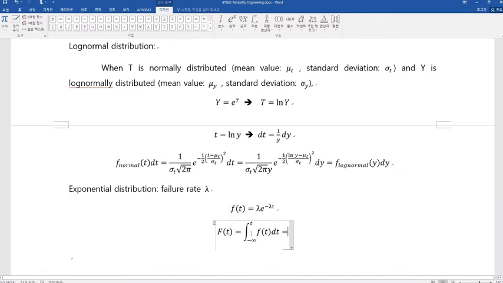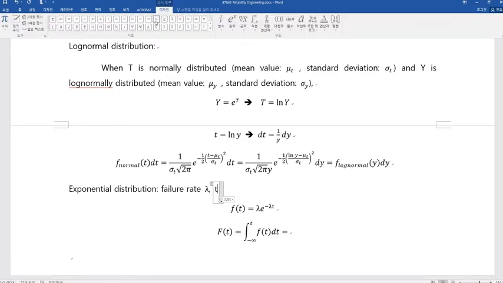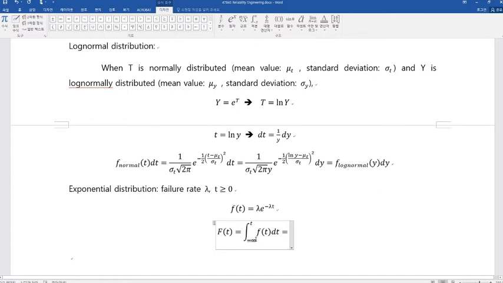But if t is defined as a non-negative real number, then because t is not defined for values less than 0, the starting point can be given as 0.